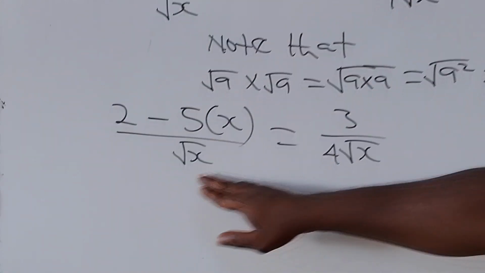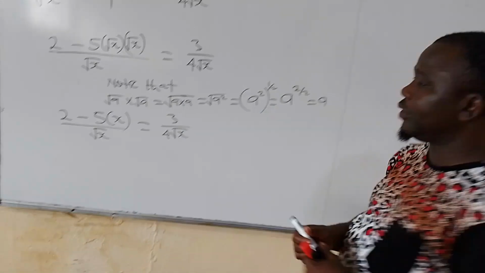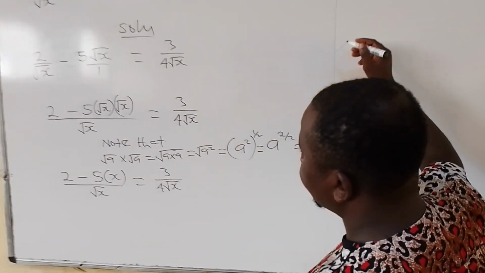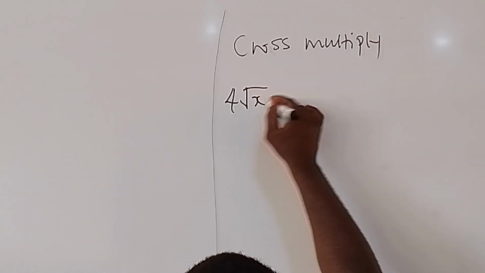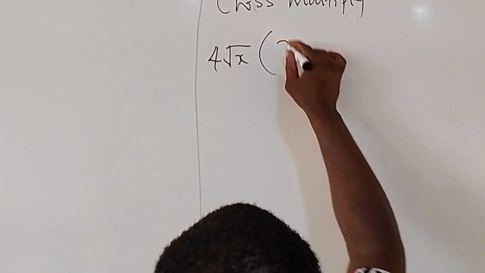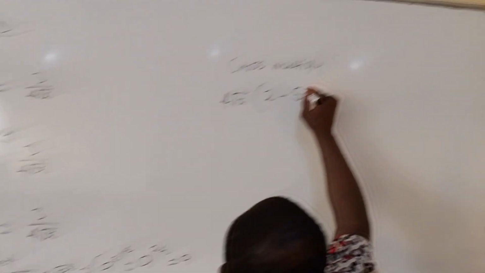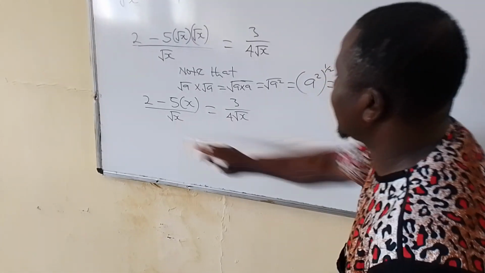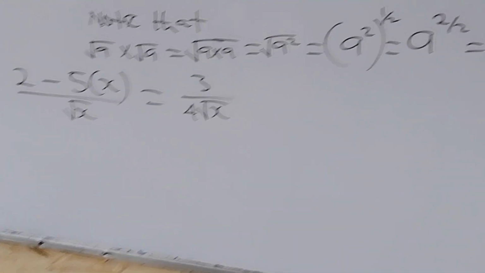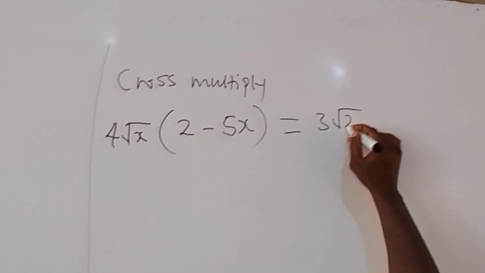Then root x will now multiply 3. So this is how it will be: 4 root x, all in bracket, 2 minus, if we open this bracket, 5 times x will give us 5x, true or false? Then equals, use this root x to multiply 3, so it will give us 3 root x, true or false?